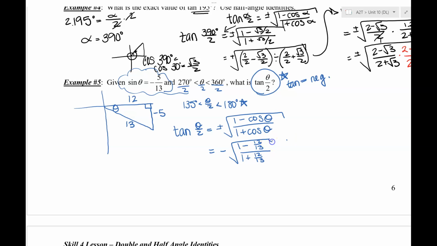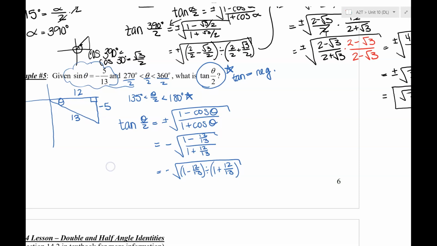Again, because I don't like having fractions over fractions being added to more fractions, I'm going to split it. So we have a negative square root of 1 minus 12 over 13 divided by 1 plus 12 over 13. Travel with me, if you will.